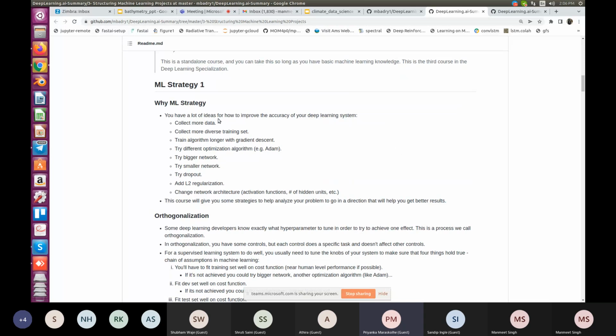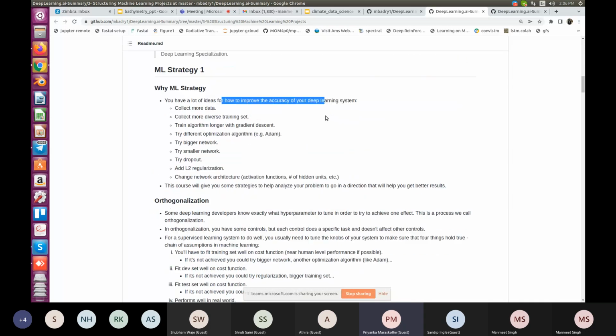So why machine learning strategy? You have a lot of ideas on how to improve the accuracy of your deep learning model. You can collect more data, collect a more diverse training set, train the algorithm longer with gradient descent, try a different optimization algorithm, try a bigger network, try a smaller network, try dropout.